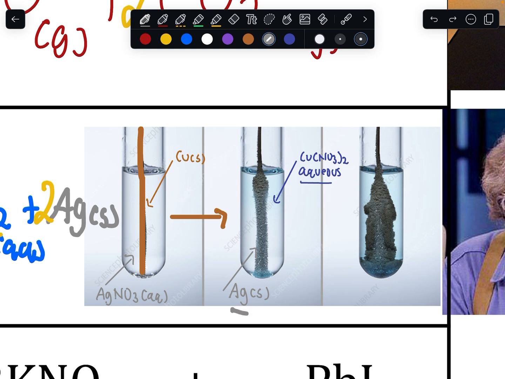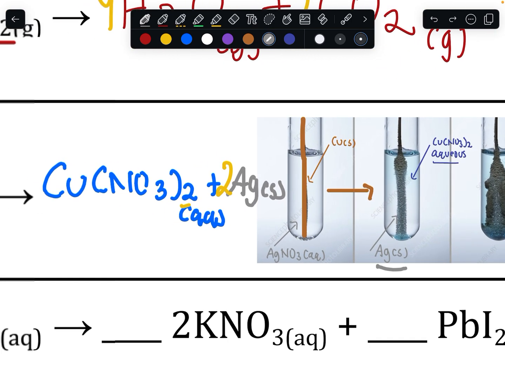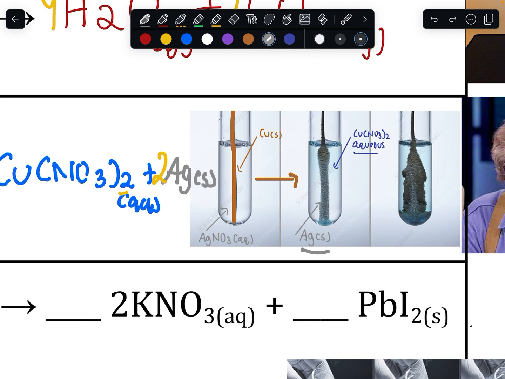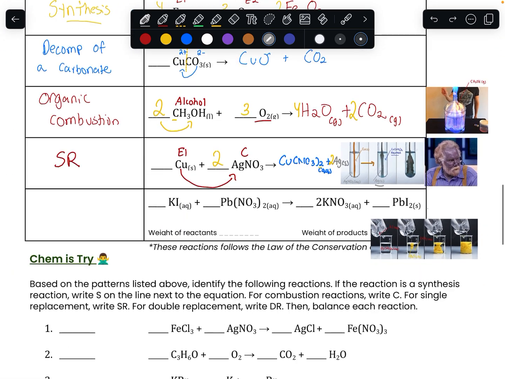That was solid silver. And the solution surrounding the wire was turning blue, because copper 2 nitrate is an aqueous solution with a bluish tint. What we should be seeing is the silver being kicked out of the solution and forming a solid on the outside of the copper wire. So over time, we should see a bunch of solid silver crystallizing there as the copper kicks the silver out of the aqueous solution.